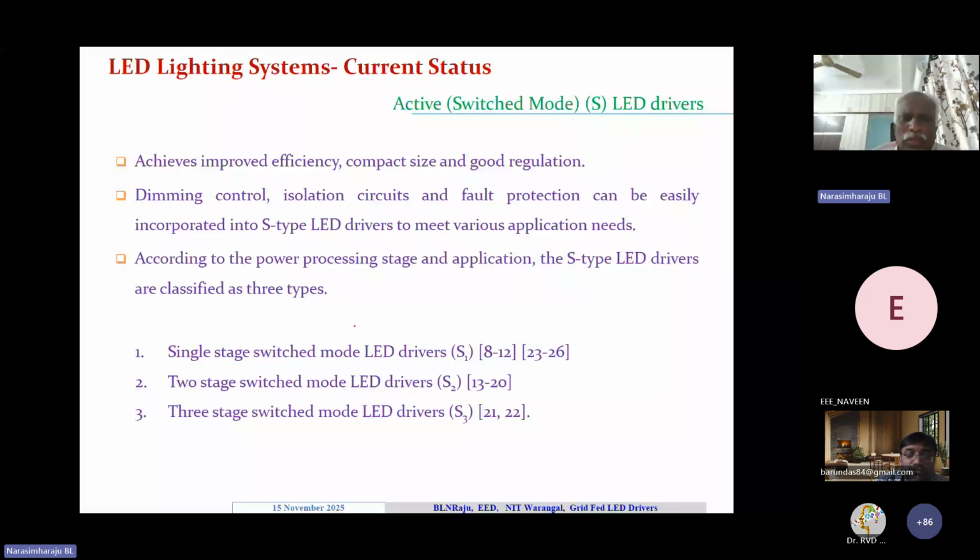We can see those can be classified like a single stage active LED driver, two-stage active LED driver, three-stage active LED drivers, like that. So every type of driver will have its own advantages and disadvantages.